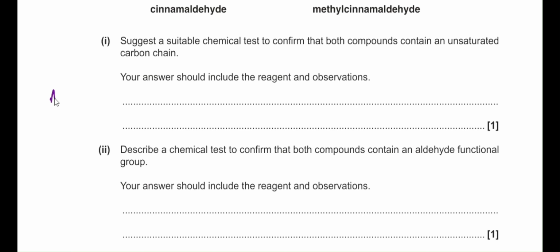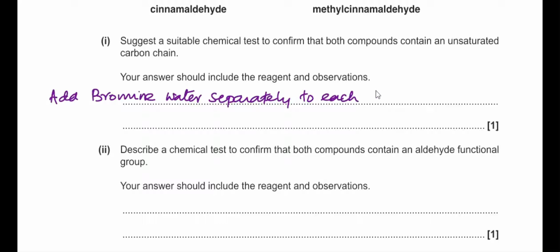So write: add bromine water separately to each compound and shake.